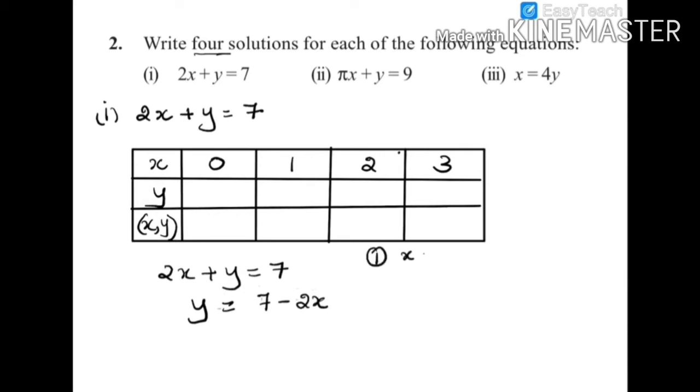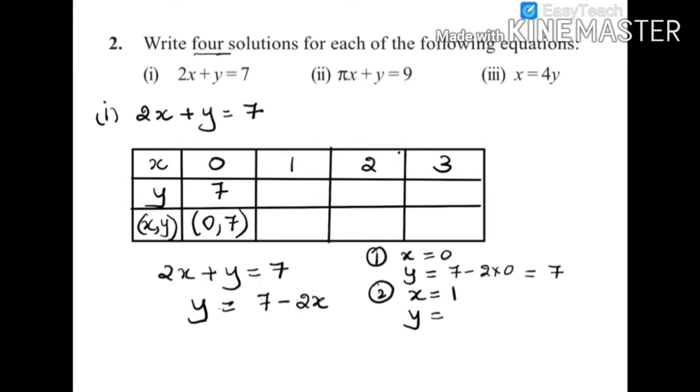Now let's take x equal to 0. Then y will be equal to 7 minus 2 times 0, which is equal to 7. So the corresponding value of y is 7 and the corresponding ordered pair is (0, 7). Now let's take x as 1.